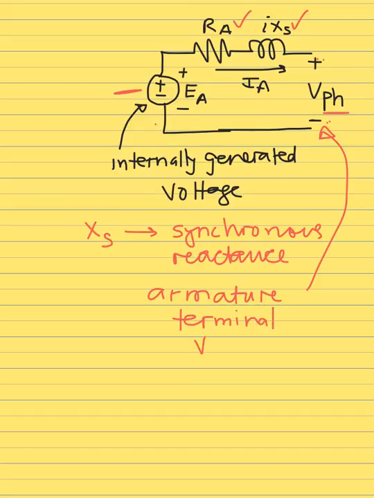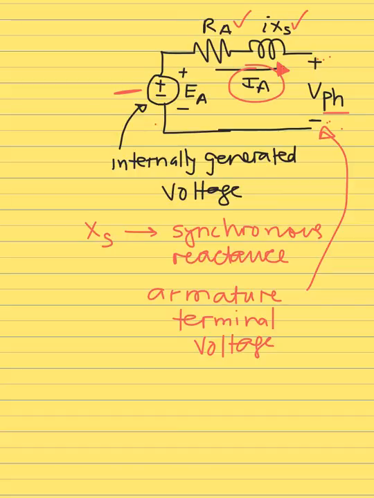And the last quantity here is IA, the armature current. Make sure that you pay attention to the direction of the current. It is going from the machine to the outside connection, so that's why it is going into the terminals, which is going to be connected to the outside.